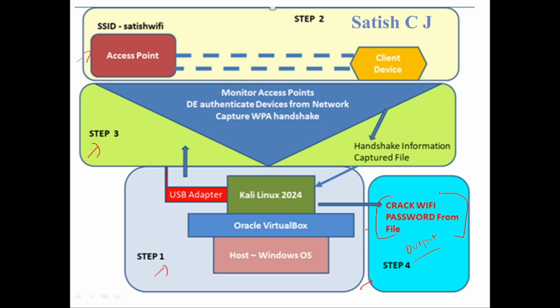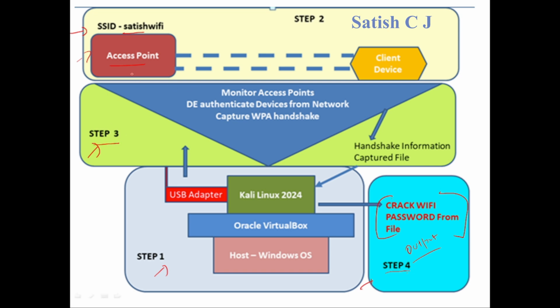And finally, we were able to crack the password in step 4. So we have completed all these steps. In step 1, we were configuring our USB adapter with Kali Linux, and in step 2, we were setting up our own Wi-Fi network with the SSID Satish CJ Wi-Fi, and connecting this client device, my old mobile phone, to my router. And step 3, we did a lot of things.